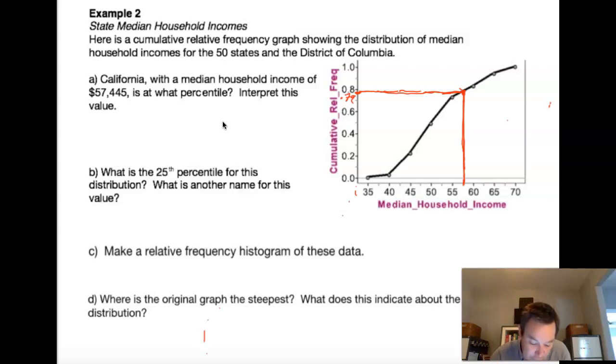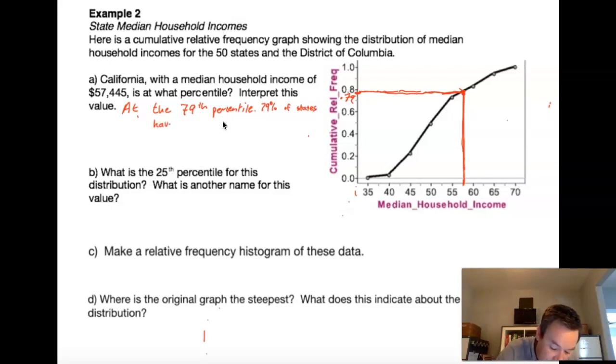So we would interpret this as California is at the 79th percentile, which means in this case, 79% of states have median incomes below California.